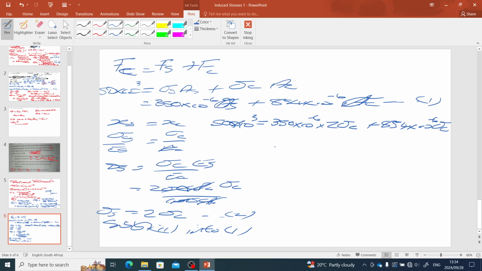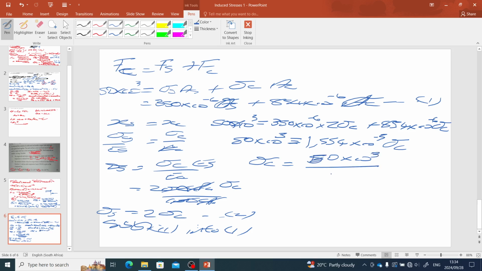Then we are left with 50 times 10 to the power 3 equals 1,554 times 10 to the power negative 3 multiplied by copper. Then copper would be 50 times 10 to the power 3 divided by 1,554 times 10 to the power negative 3.